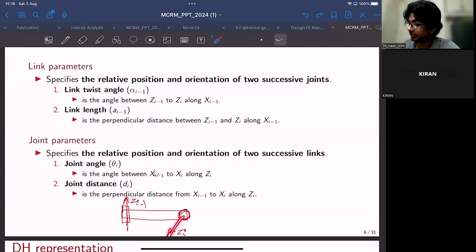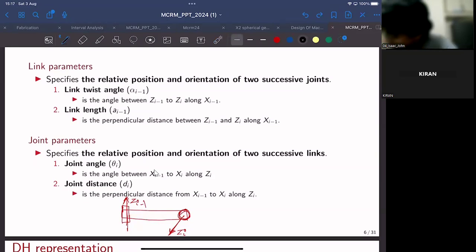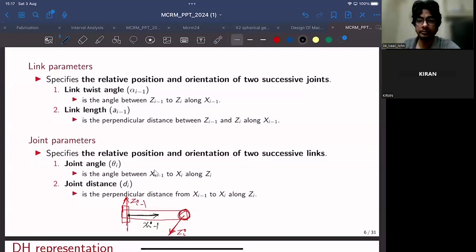So zi minus 1 is along this direction, zi is along this direction, and xi minus 1 is along the direction orthogonal to the adjacent axes. I'll label it like this. So this would be xi minus 1. The link twist angle would be the angle between zi minus 1 and zi along xi minus 1.